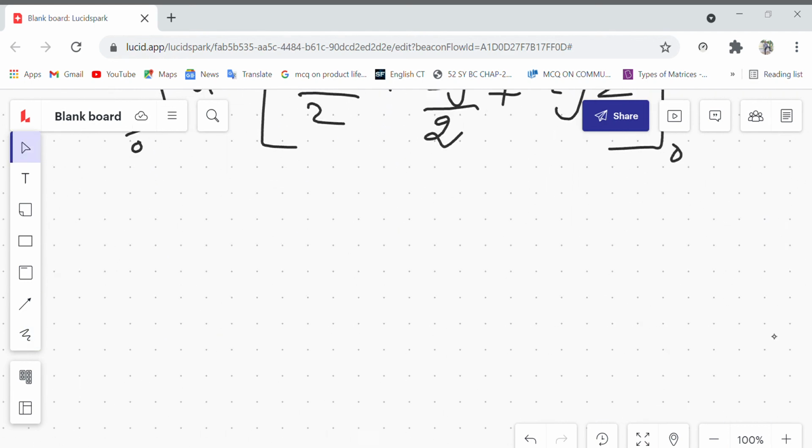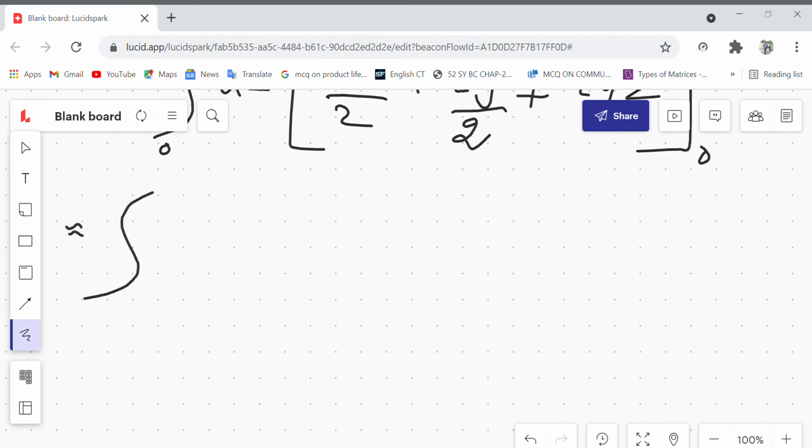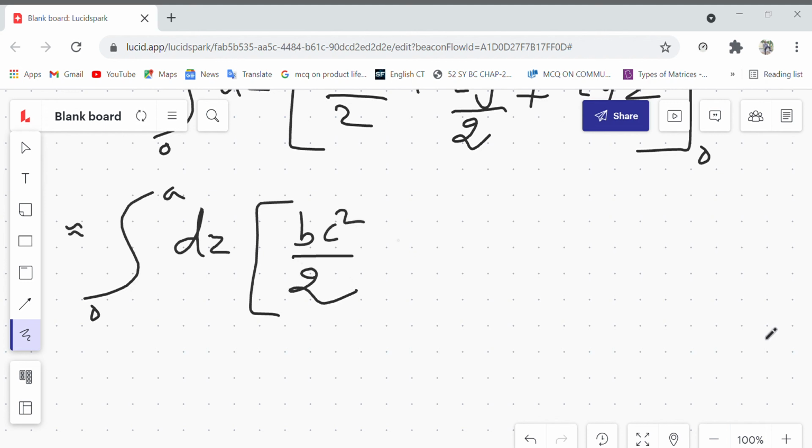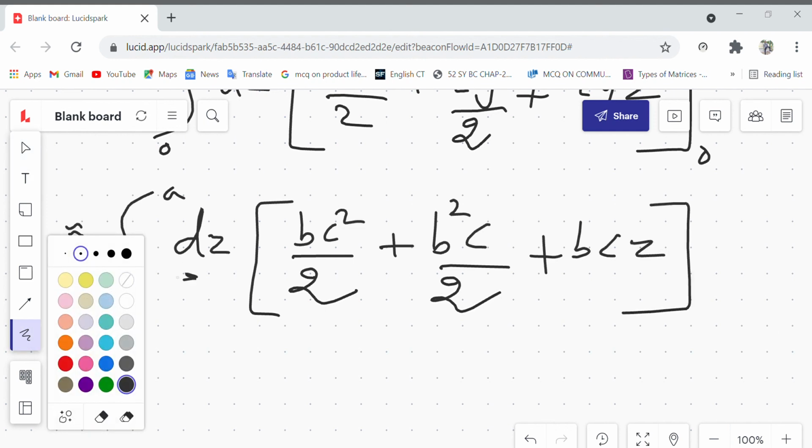Then, sorry, equal to 0 to a dz. What will be there? bc square divided by 2 plus b square c divided by 2 plus bcz. This will be there.